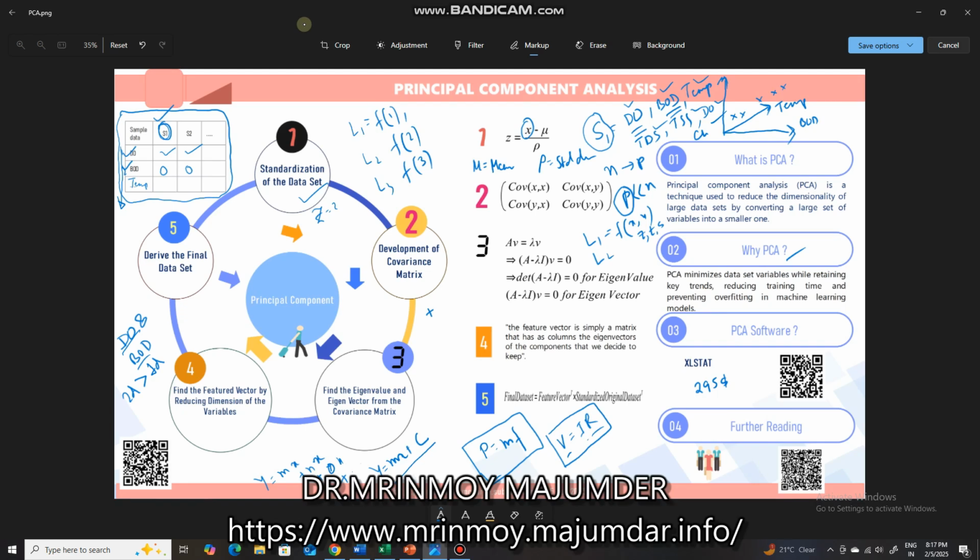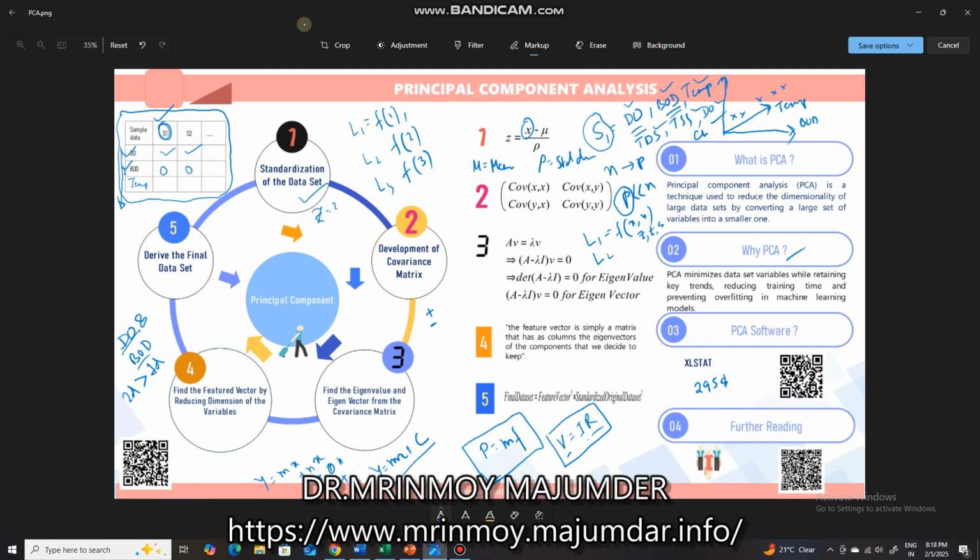And if the covariance between two dimensions is negative, then it becomes inversely proportional. That means when DO increases, BOD reduces, and when BOD increases, DO reduces. So DO is inversely proportional to BOD in our case.